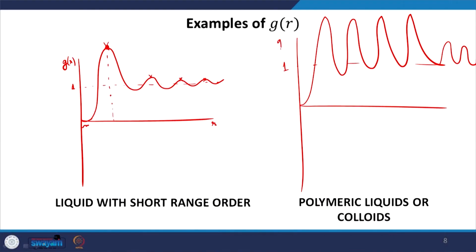But the key point is that the positions of the peaks of the g of r and the range over which the g of r is significantly different from 1 dictates how much order is present in the system, because 1 is ideal gas like behavior. Any departure from 1 shows some presence of order in the system, and that has to be looked at in more detail.